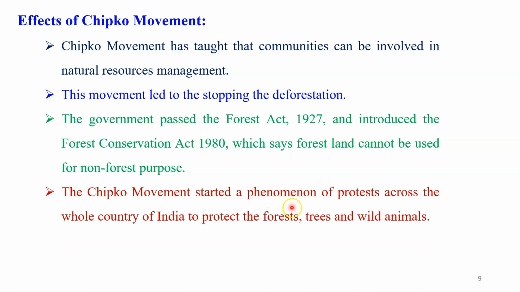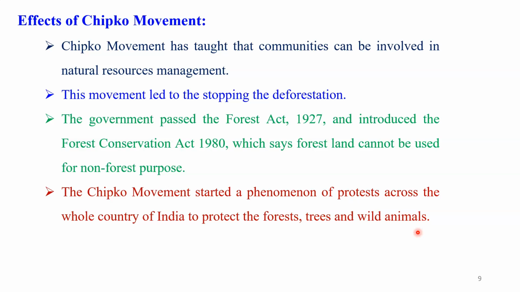The Chipko movement started a phenomenon across the whole country of India to protect forests, trees and wild animals also. Because when this movement succeeded in saving the forest and protecting the trees, the same movement then started to protect wild animals, especially because the loss of trees and wild animals was a great threat of loss of biodiversity.